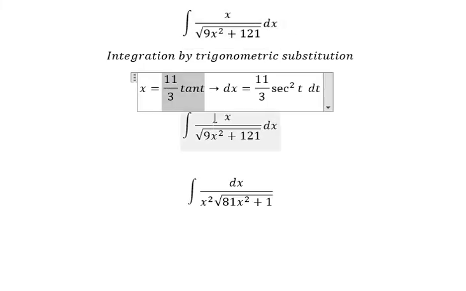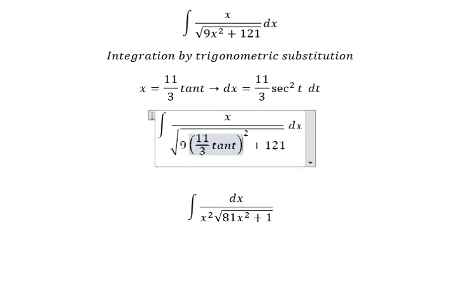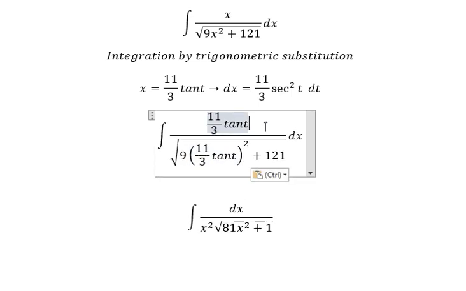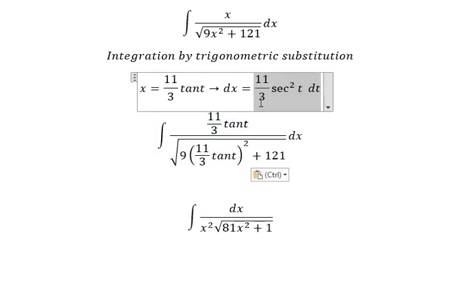So I will put this in here and here. The x we change by this one.